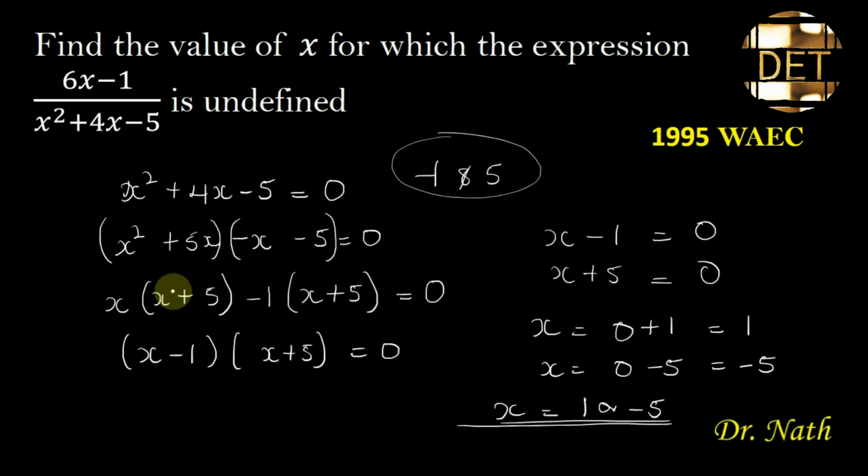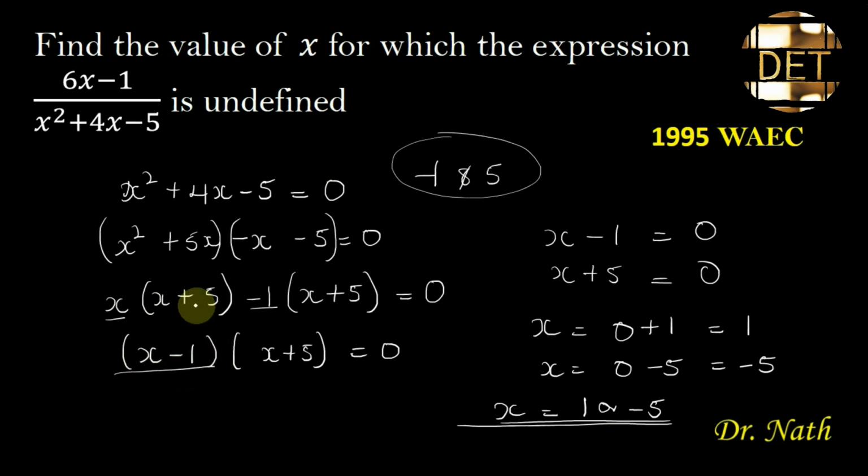So since what we have within this bracket and what we have within this bracket are the same, we'll just take one of them, which is this x plus 5. Then what is outside the bracket, we'll also take it. So we'll take what is outside the bracket and one of the things inside the bracket. So here we have x minus 1, which is this x minus 1.